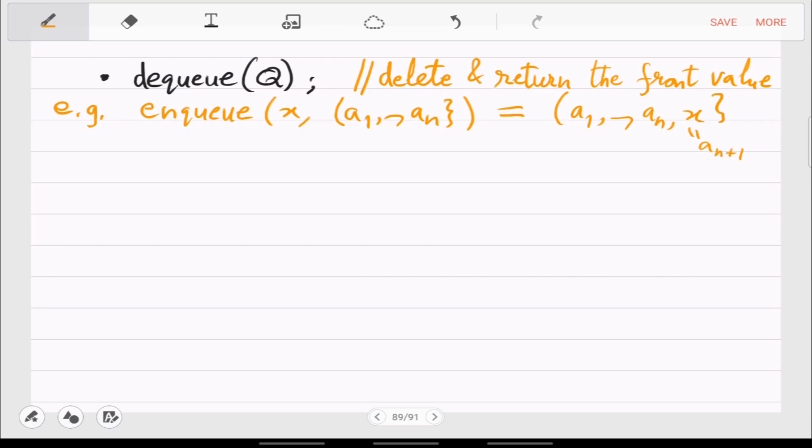Is that clear? And when you dequeue from here, then you will get what? Then A1 is gone, so you will get A1, and the side effect on the queue is this, you get A2. Is that clear?